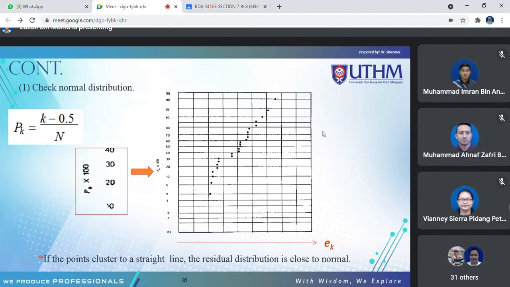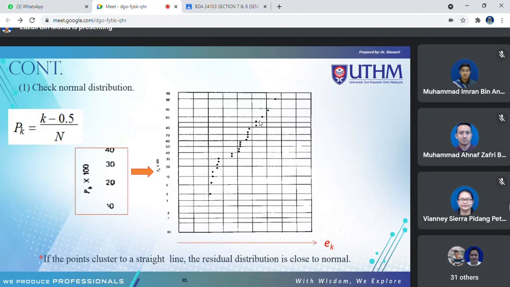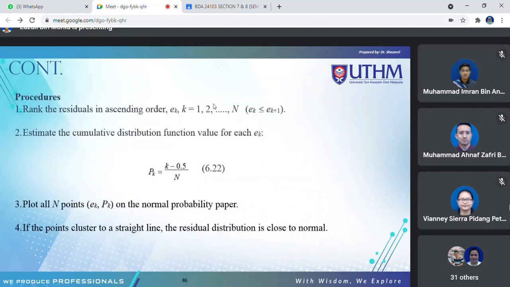So this is to check normal distribution. We plot it in a type of graph like this. We use this formula, we calculate it, and then we plot all of the data. We have the epsilon k. From the value of k, we have 1, 2, and so on. Rank the residual in ascending order 1, 2, 3, and so on.